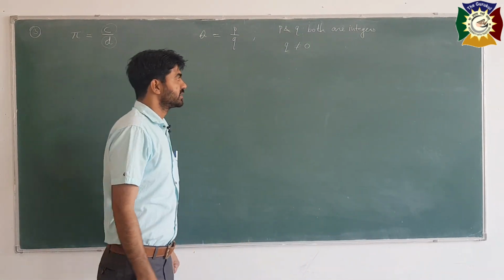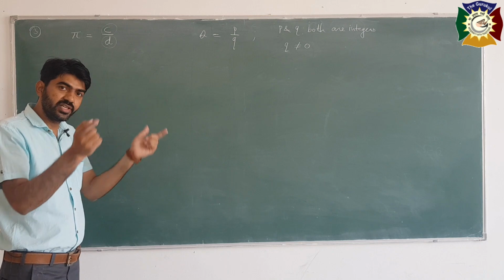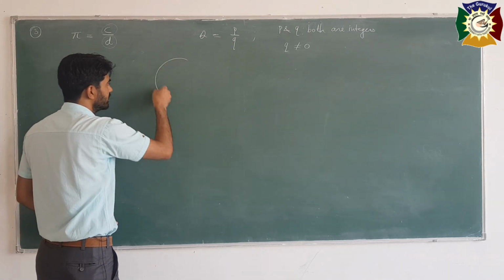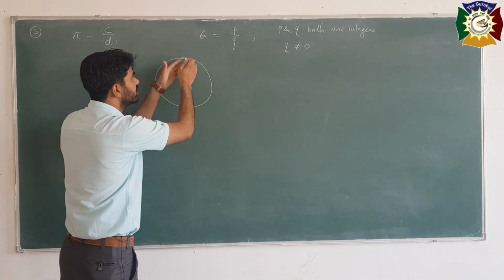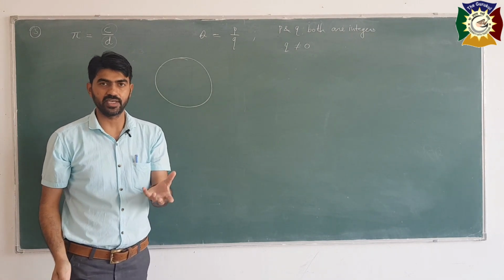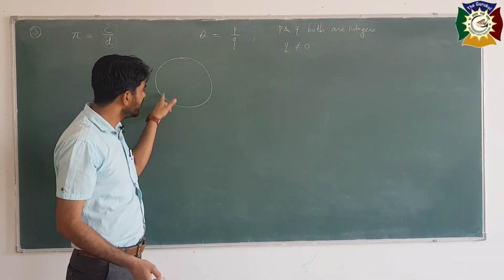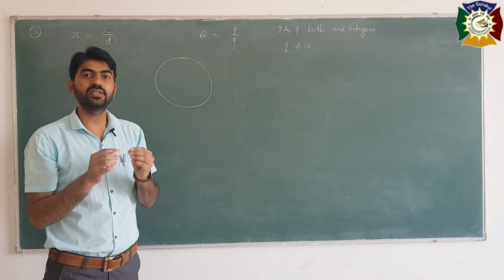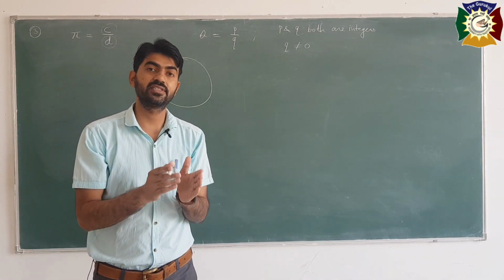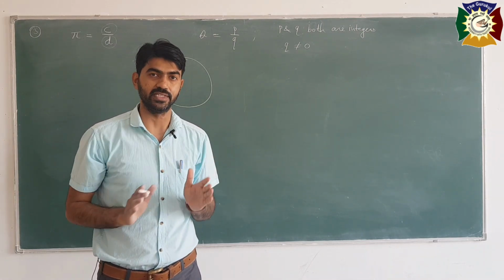Second, while measuring, suppose this is the circumference and I am measuring it with a tape or any scale, I cannot measure it accurately, I will just measure it approximately.